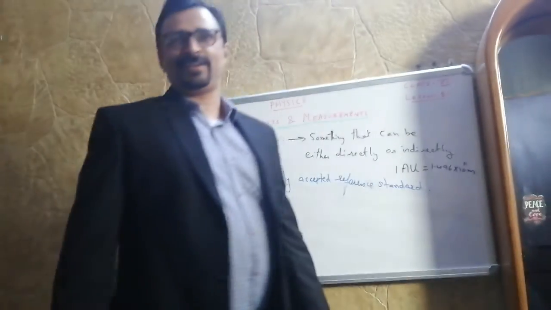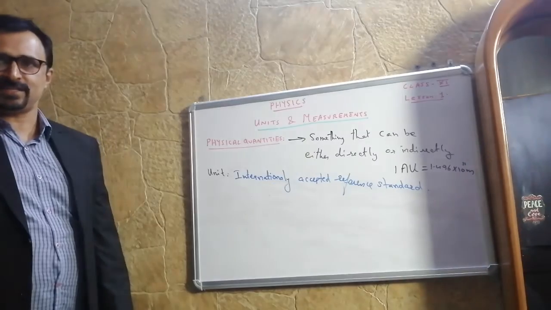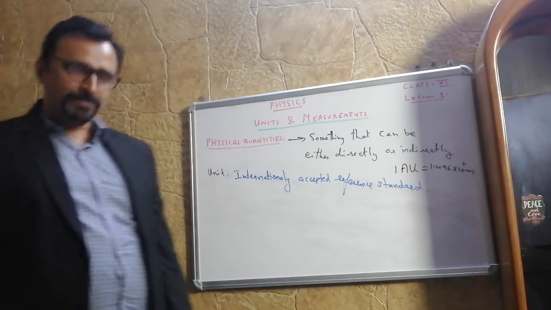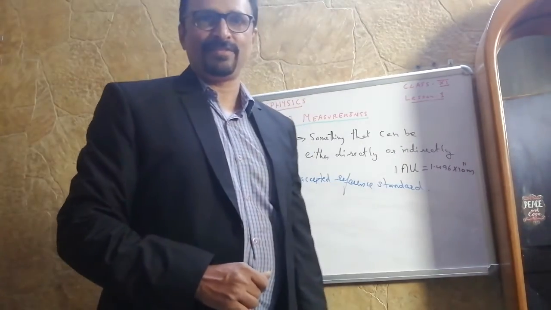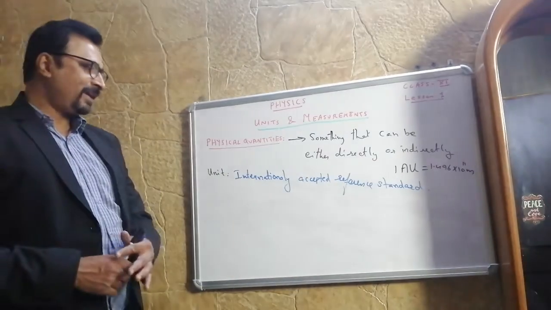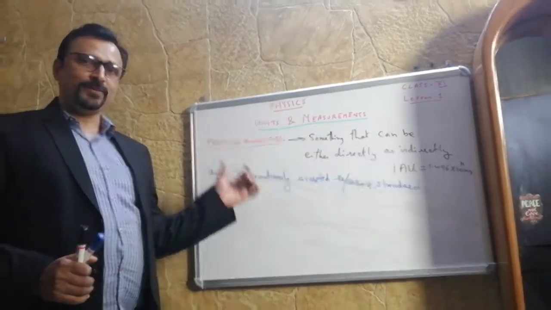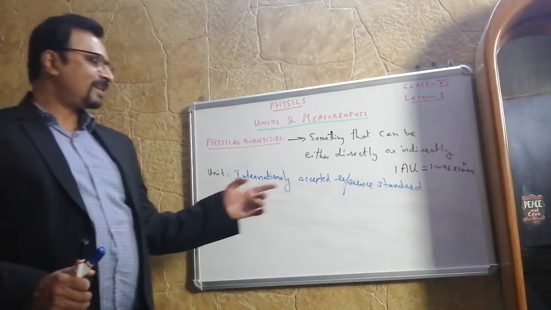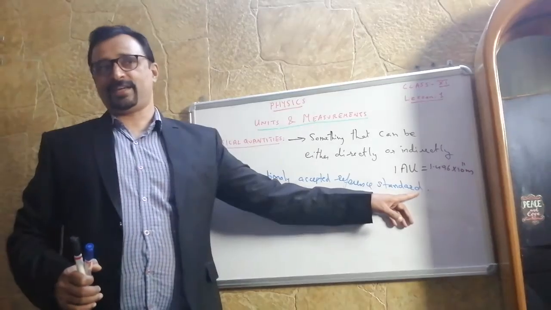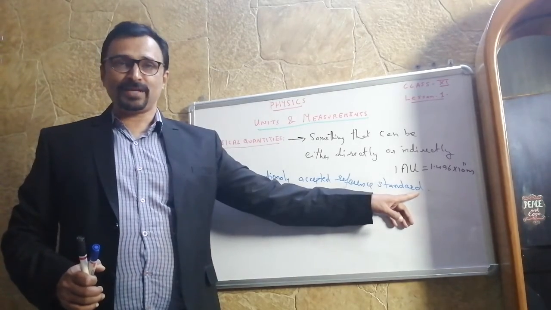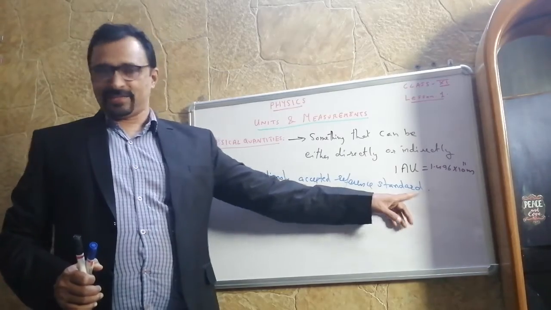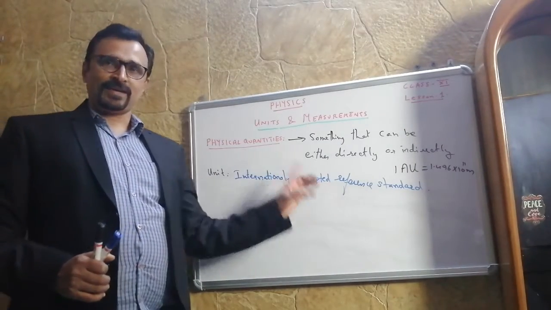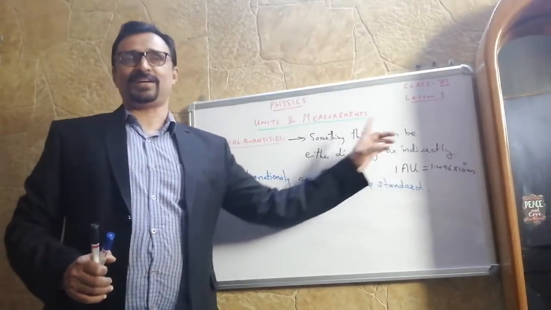Is it a standard one? It is not a standard one. The reason is this: my one step and your one step are different. Right? So if you want to compare, you need a reference standard. Second thing, it must be accepted by all the countries everywhere. That is called an internationally accepted reference standard.